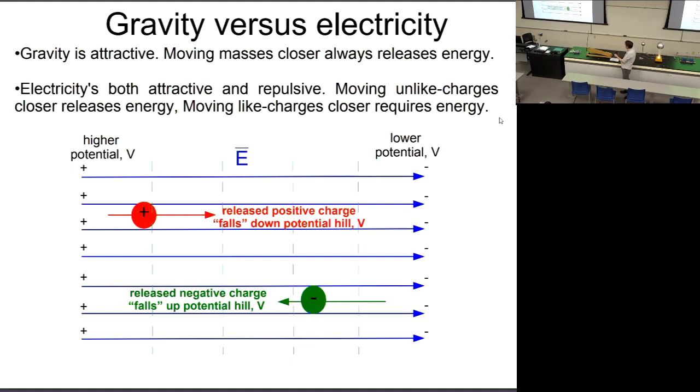I wanted to make a point. The electrical potential slopes from a hill on the left to a valley on the right. So it slopes downhill from left to right. If you release a positive charge over here, then that positive charge will roll down the electrical potential hill. It's being repelled by the positive charge on the left, attracted by the negative charge on the right.